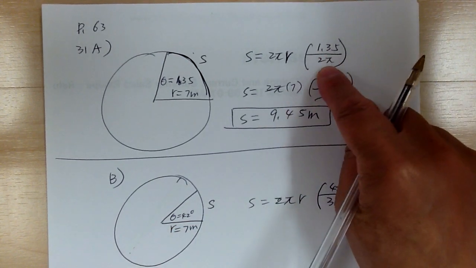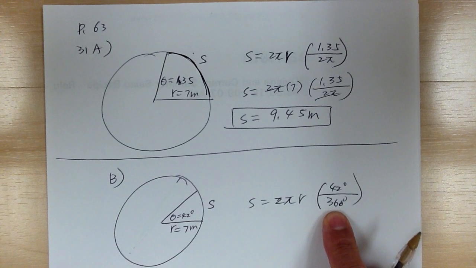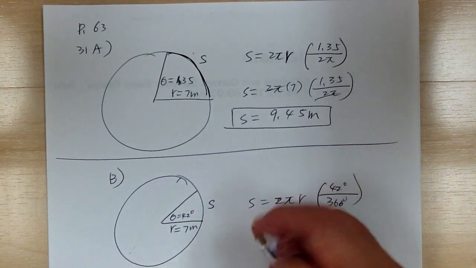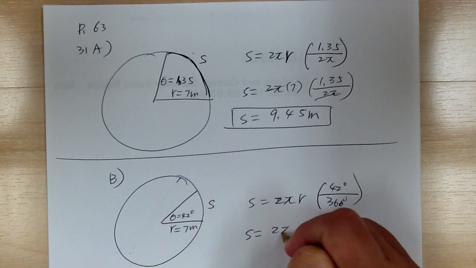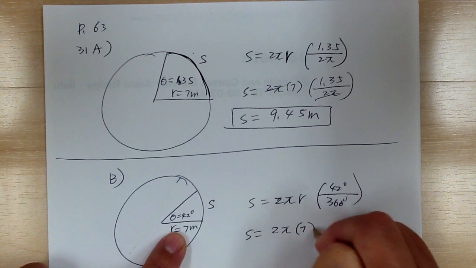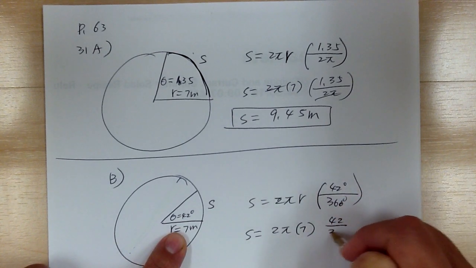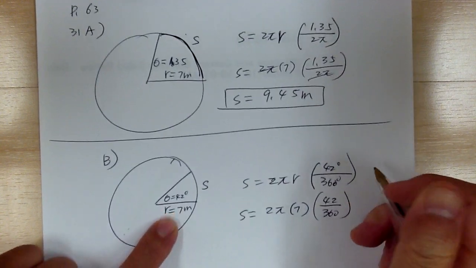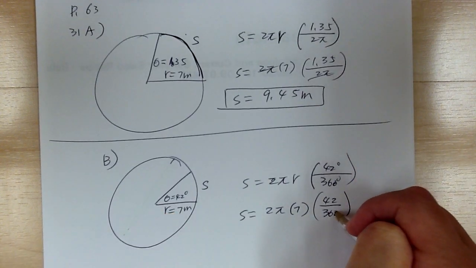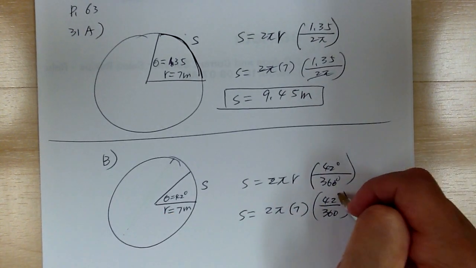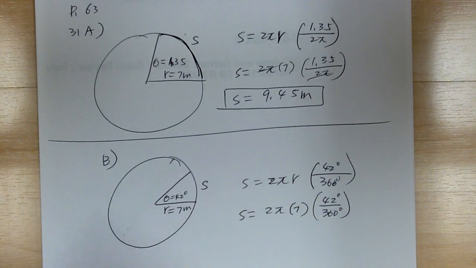So notice if it's radian, use 2 pi. If it's degree, use 360. So you substitute. So 2 pi, radius is 7, and 42 out of 360. You can just get the calculator and punch out the numbers.